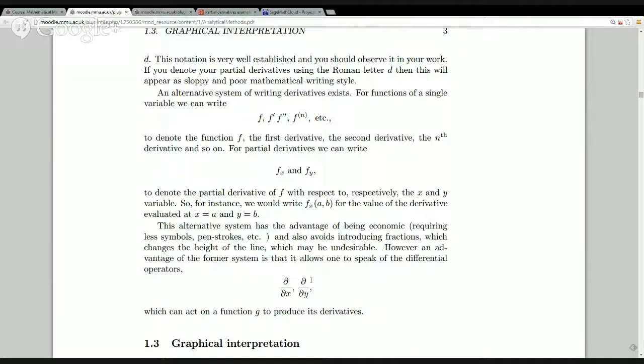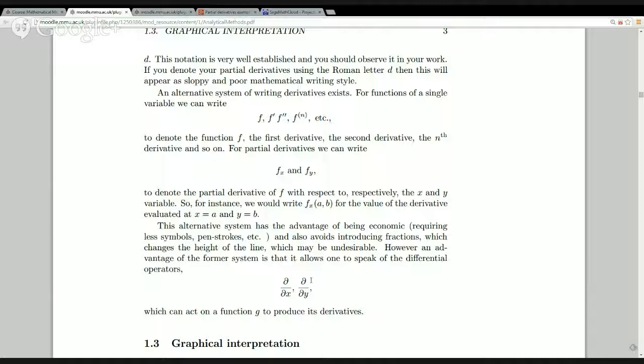The advantage here is that you can separate out the parts of the notation that refer to the operator and the function f, the thing that gets operated on. Whereas with the f sub x notation, it's not so easy to separate out and say that the subscript is a kind of thing that operates on the function. It doesn't really work. So the other notation has that advantage. Okay, but you just need to be aware of them both and recognize what they mean.